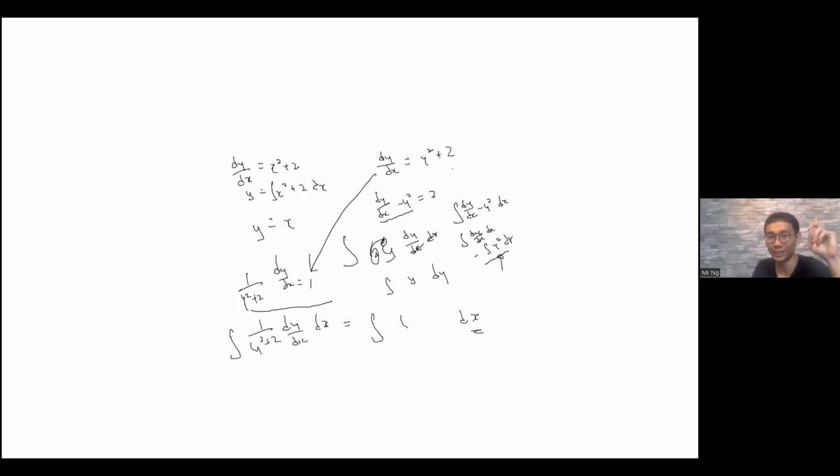A lot of students think that they are trying to make this into dy, or do it without logic, then here just dy. That is different. What went through here is because this is equal to this. That's why integrating them with respect to x should cause the other side to be integrated with respect to x as well, because they are equal. As a result, this thing can sort of cancel.